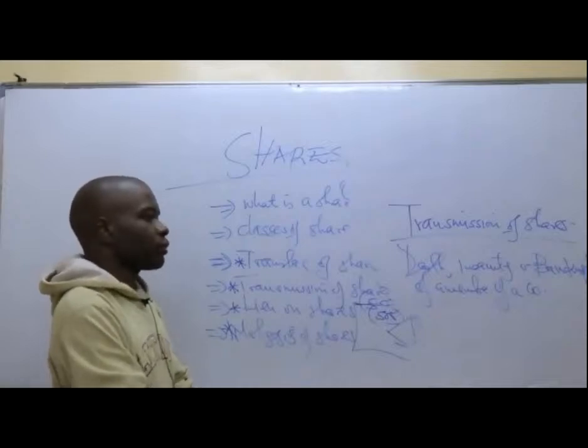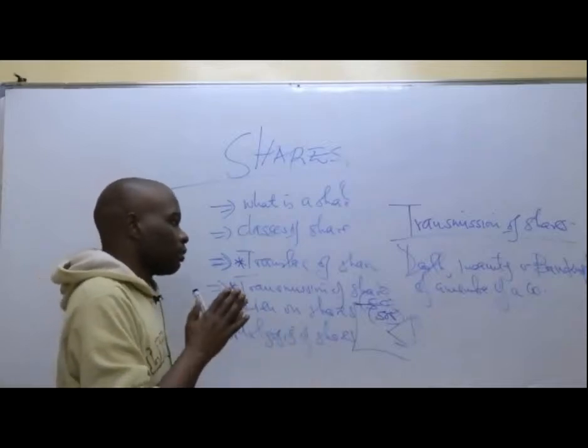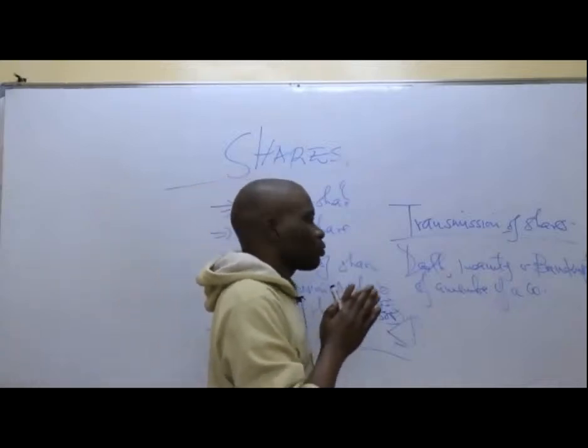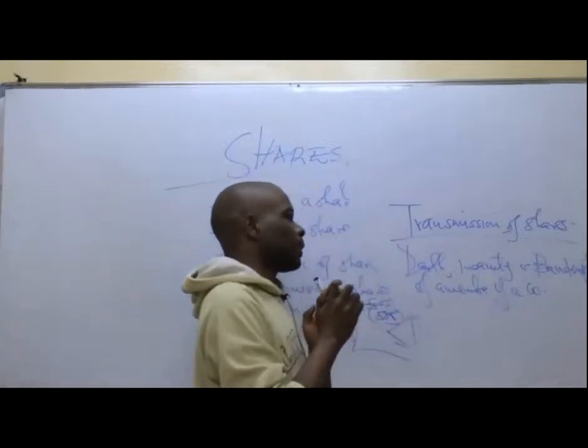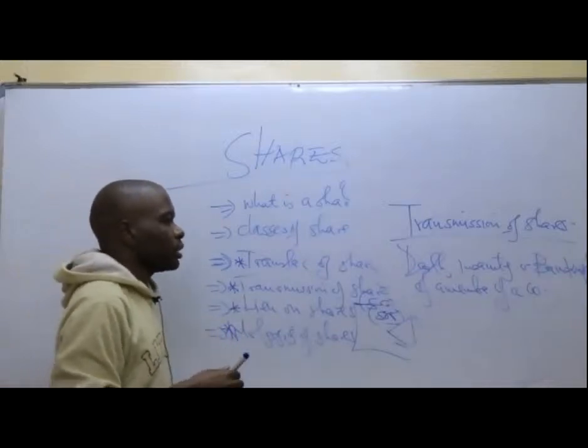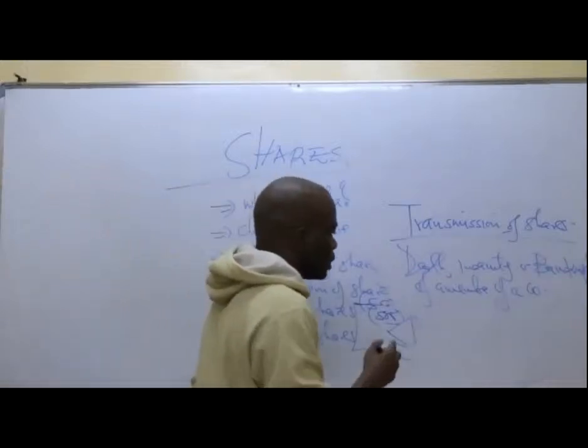That particular process of transferring the shares from the person who has passed on, or who is insane, or a bankrupt person, is what we call transmission. So the shares can be transmitted or transferred to the beneficiary.